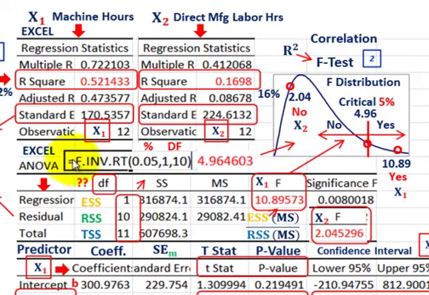In Excel we use the function equals F.INV.RT, and then we put in our critical percentage, which is 5%, and then you have to put in your degrees of freedom.